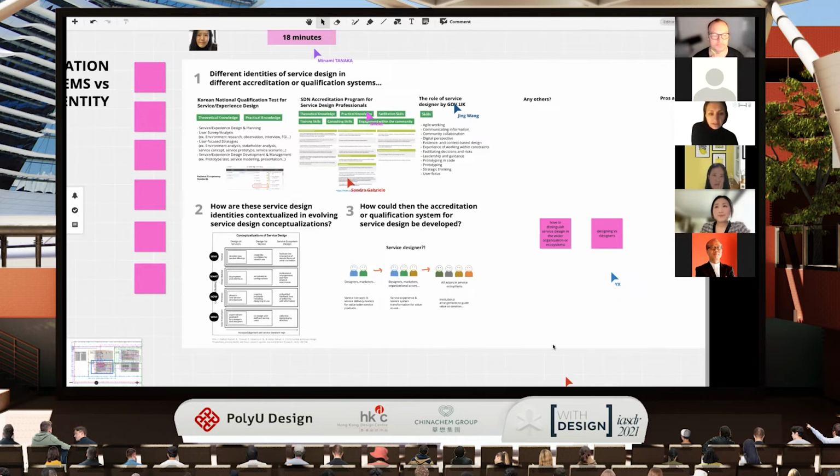Yeah, and I can add that this is connected to the fact that the paper and framework you presented talk about service ecosystem design. The idea is a collective participation of different professionals in designing for the transformation of the ecosystem, but that doesn't mean that everyone is, let's say, a service designer. Designing is a collective action and can be done by different professionals, with different competencies.